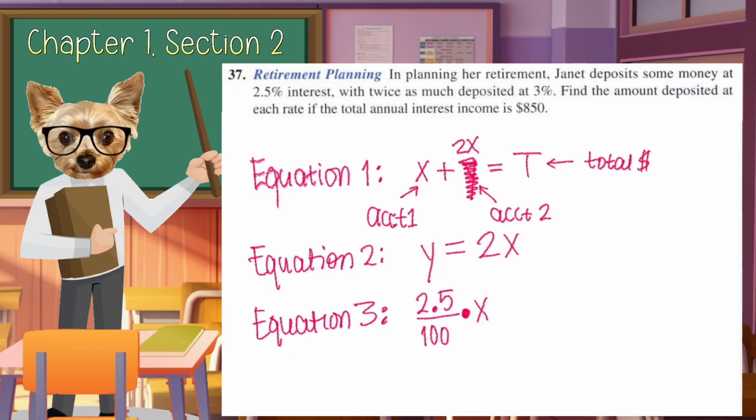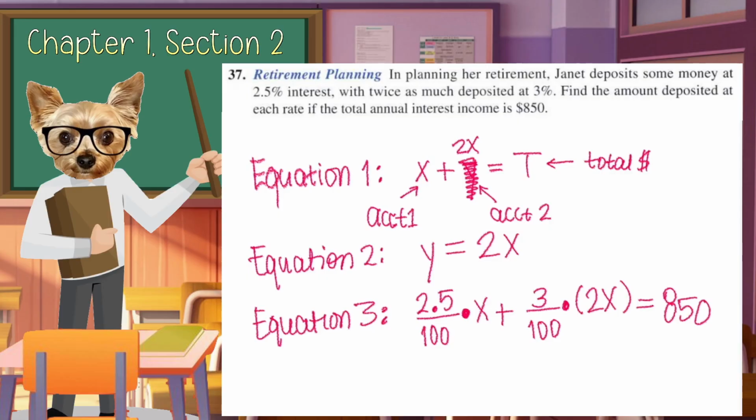So the interest earned on my first account at 2.5% plus the other one was 3% of, maybe it started off as y originally, but then we replaced y with 2x, and that will equal $850.